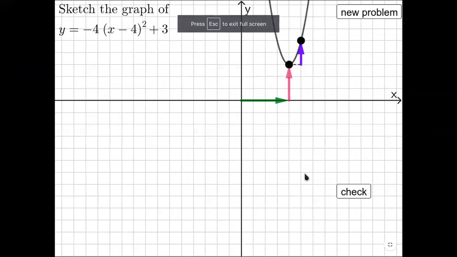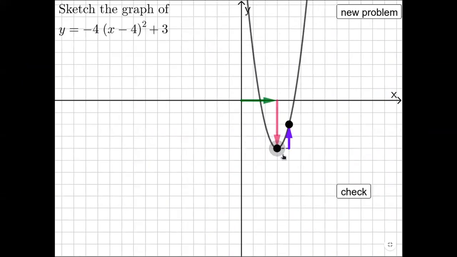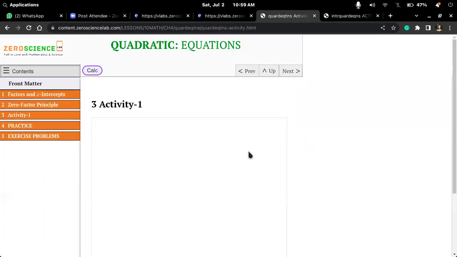Here we give them some quadratic equation and ask them to arrange the graph exactly representing this equation: y = -4(x - 4)^2 + 3. If they practice this, they can easily identify the graph.